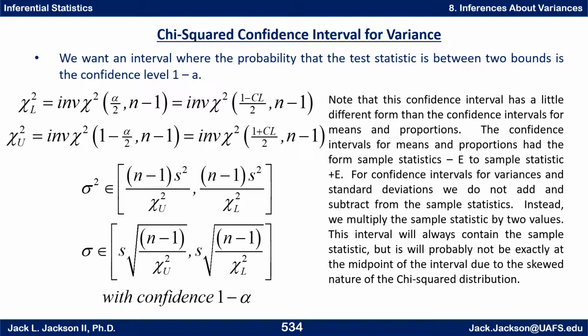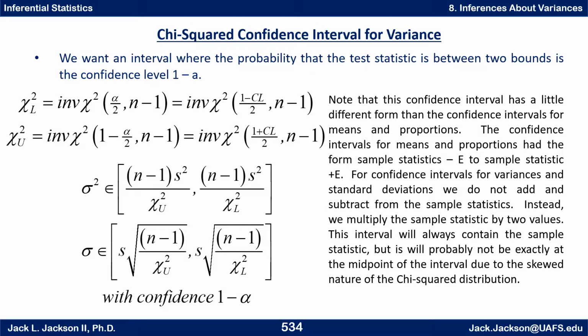for means and proportions. The confidence intervals for means and proportions had the form sample statistic minus e to sample statistic plus e, like x bar minus e to x bar plus e, or p hat minus e to p hat plus e. For confidence intervals for variances and standard deviations, we don't add and subtract from the sample statistics.